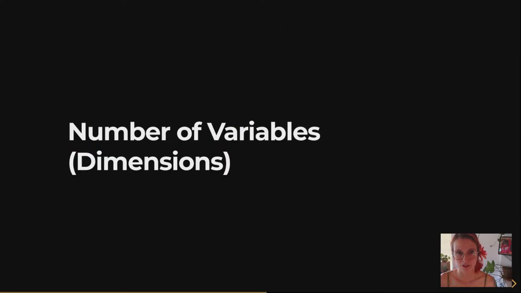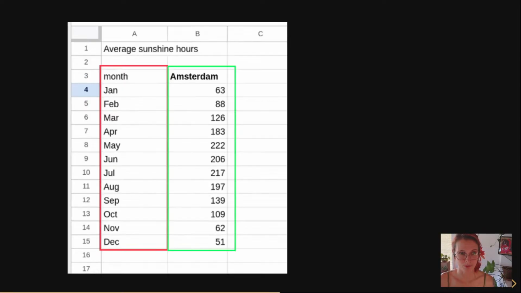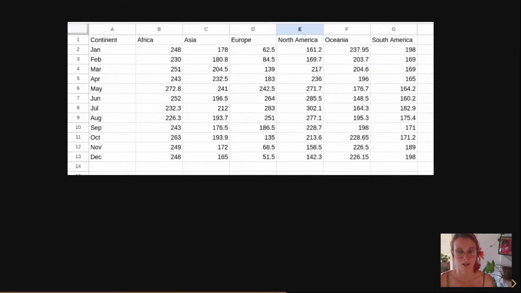The second thing we need to pay attention to is the number of variables. This data set has two variables, right? We saw it. One of them is time series, another one is numerical. How many dimensions does this other data set have, do you think?